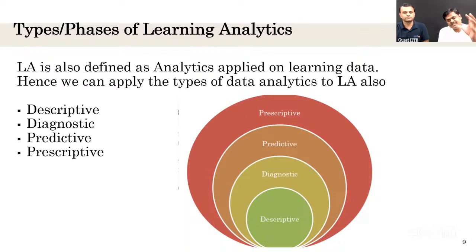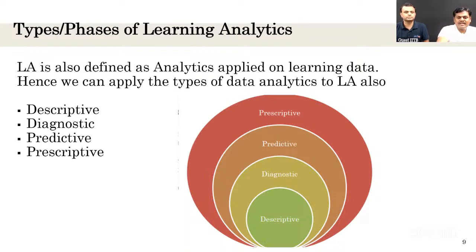Descriptive analytics is an integral part of every type of learning analytics, then diagnostic, then predictive, and then prescriptive analytics. Definitions of these four phases are given in the week-wise content LEDs. You had better visit those LEDs in detail and see different examples of prescriptive, descriptive, diagnostic, and predictive analytics.